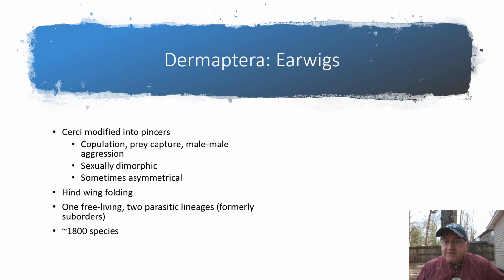I mean, that's all I have to say about Zoraptera, except for the fact that trying to place them within the phylogenetic tree on the basis of their morphological characters was extremely difficult.